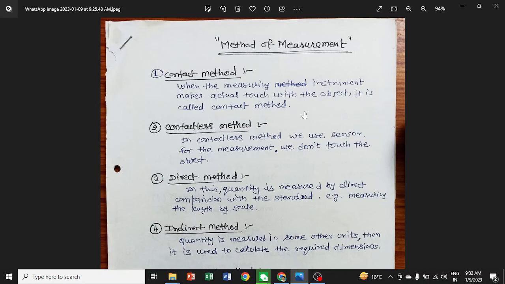In corona time, temperature was being measured by sensor based thermometers. It means you need not touch the object. Without touching, you are measuring the temperature by the radiation method. So such type of method is called contactless method.